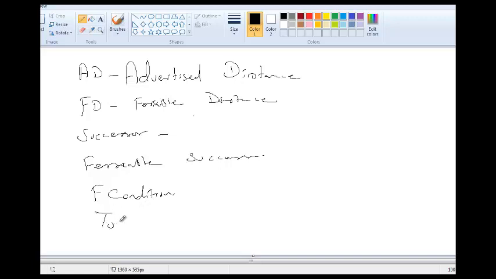Total distance. So these are the terminologies that we need to understand to understand EIGRP better. Let us see them one by one.